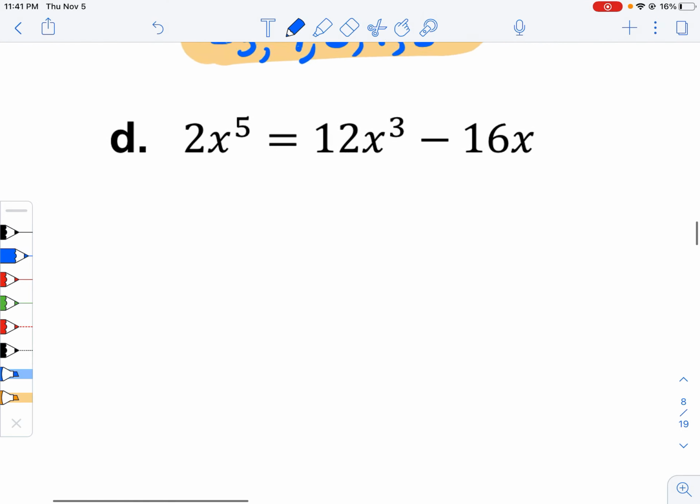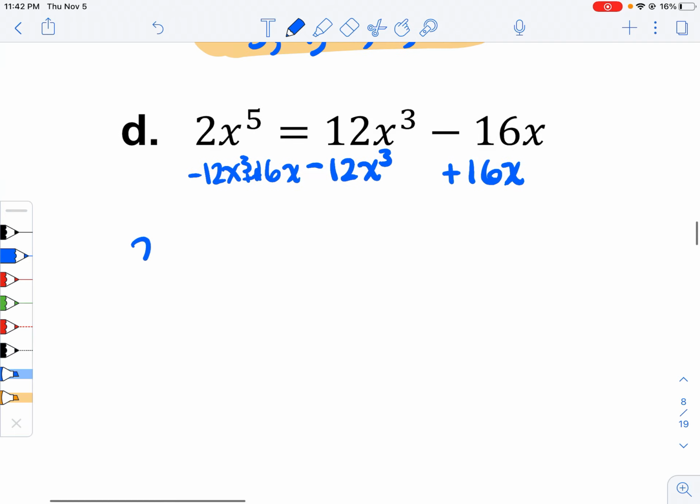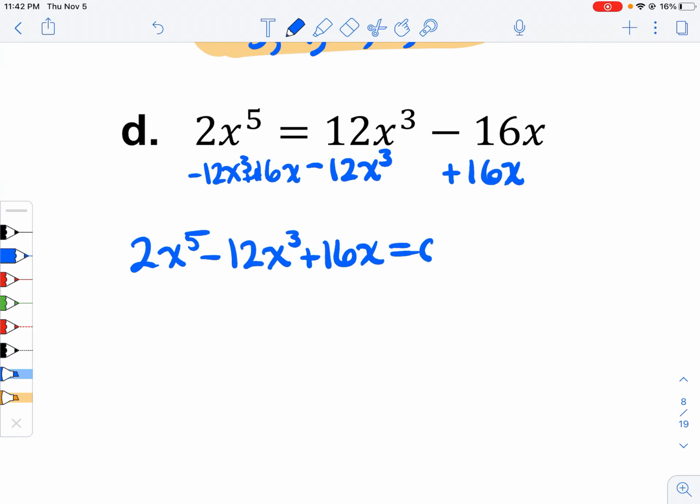For part D, again, we need to put this in standard form first. So let's subtract 12x to the third from both sides and add 16x. So we'd have 2x to the fifth minus 12x to the third plus 16x equals 0. I can pull out a 2x.